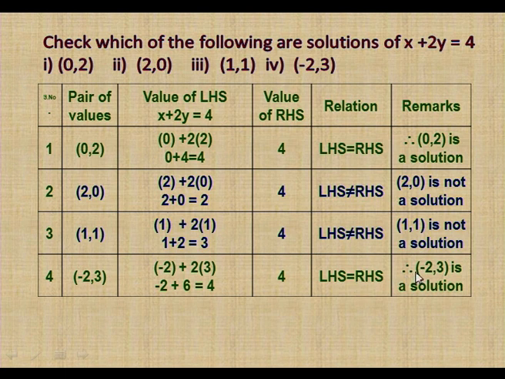That means minus 2, 3 is the solution for the given equation x plus 2y is equal to 4. Are you clear, children? If it is satisfying the condition, left hand side is equal to right hand side, then you can say it is a solution, else it is not a solution.